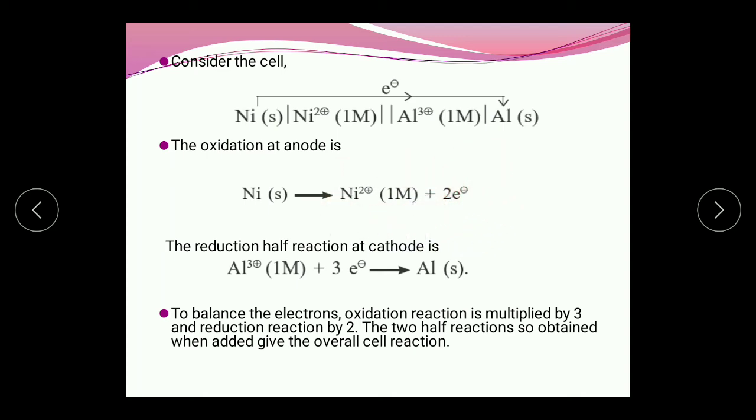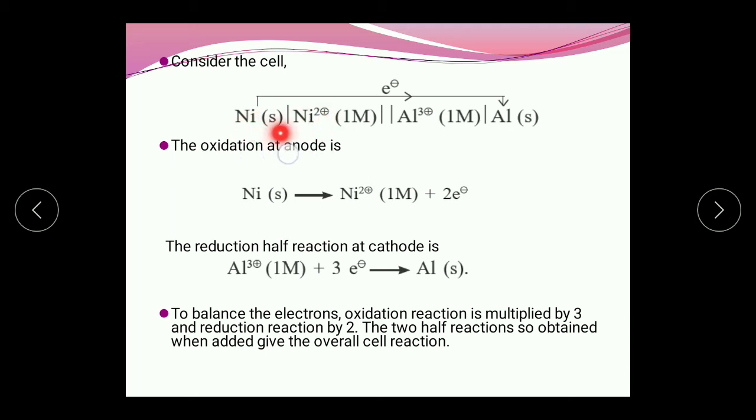And if you don't remember valency, just look here. In the notation itself, you will get that. Or from the reaction also, we can get that as it is accepting 3 electrons, it must have plus 3 valency. So Al plus 3 ions from the solution of a salt will accept 3 electrons. From where do they get electrons? They get electrons from the anode.